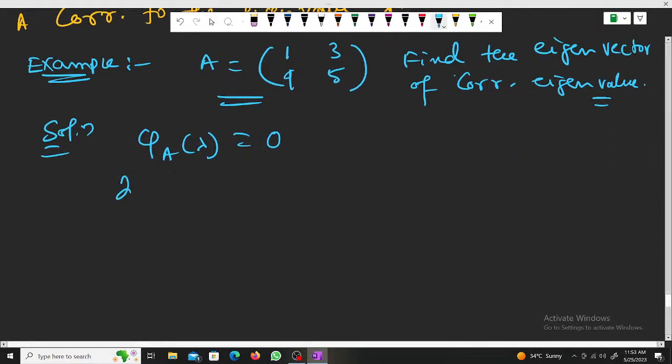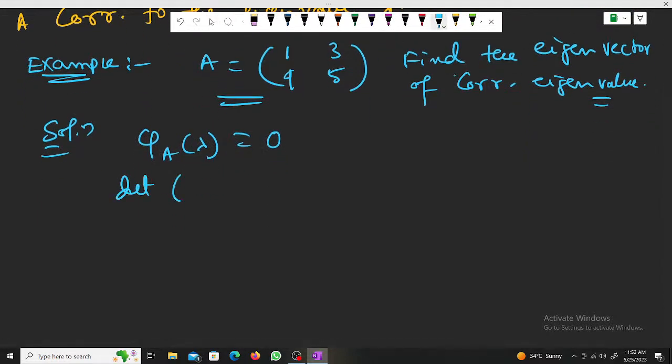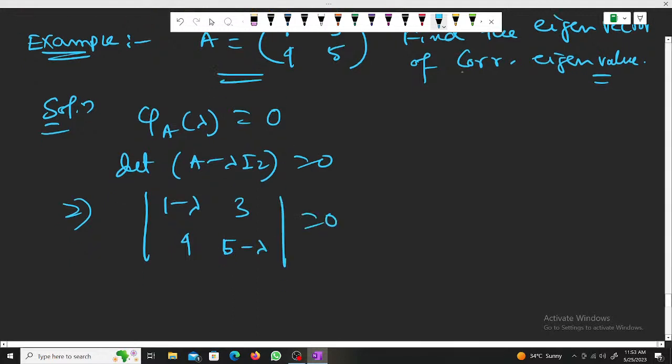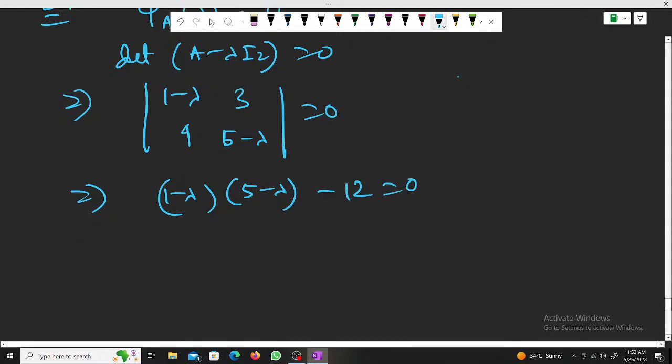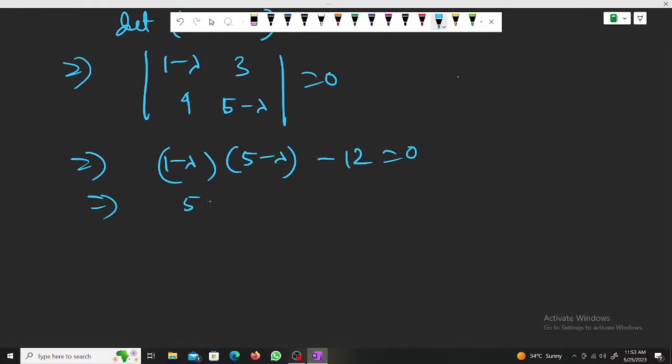That means determinant of A minus lambda I2 is equal to 0, which implies the determinant with rows 1 minus lambda, 3 and 4, 5 minus lambda equals 0. Now we calculate this determinant: (1 minus lambda) into (5 minus lambda) minus 12. That gives 5 minus 5 lambda minus lambda plus lambda square minus 12 equals 0.